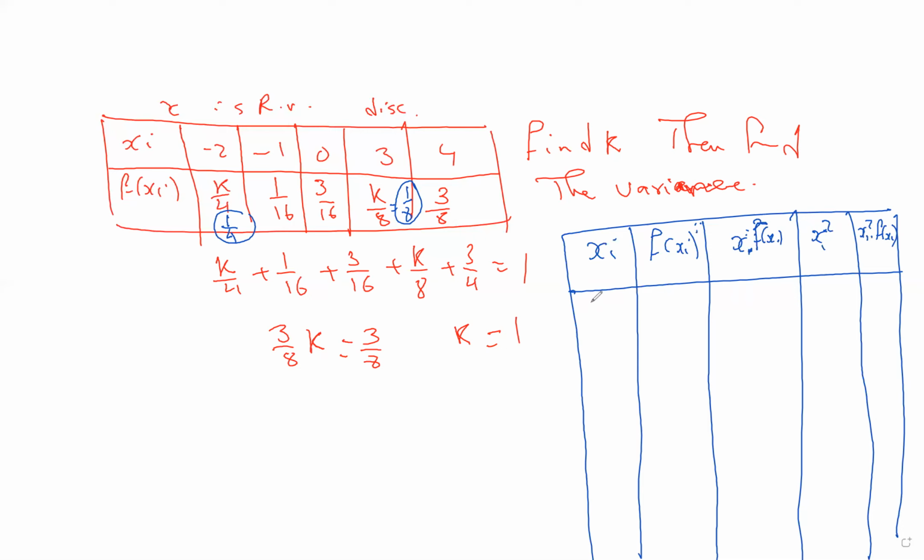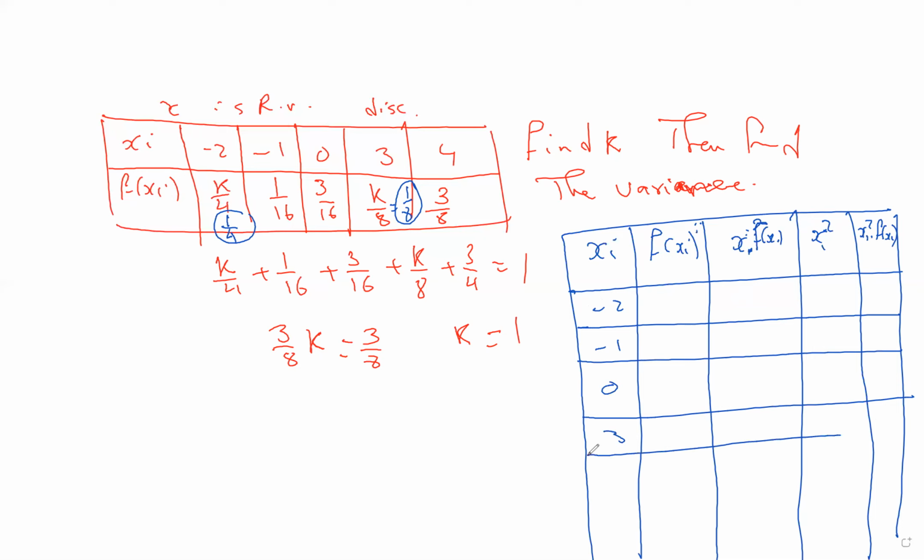Okay, x will be -2 and -1 and 0, 3 and 4, and the last one is the sum. F of xi is 1 over 4, 1 over 16, 3 over 16, 1 over 8, and 3 over 8.